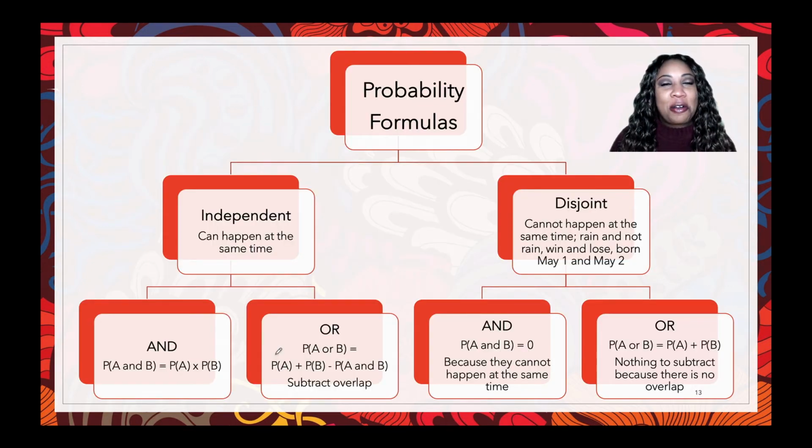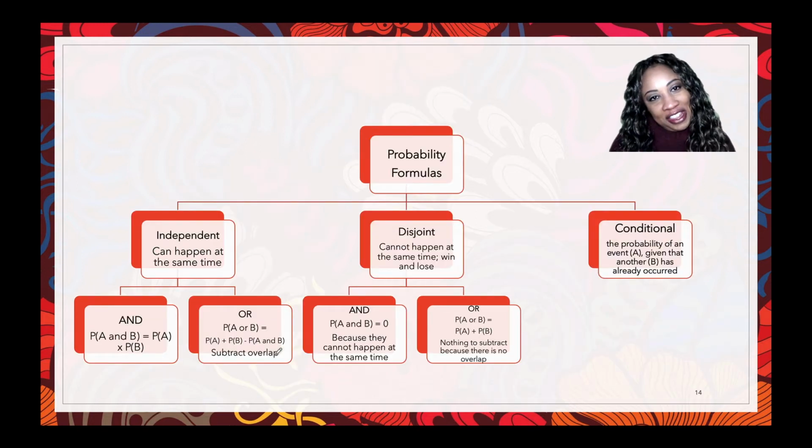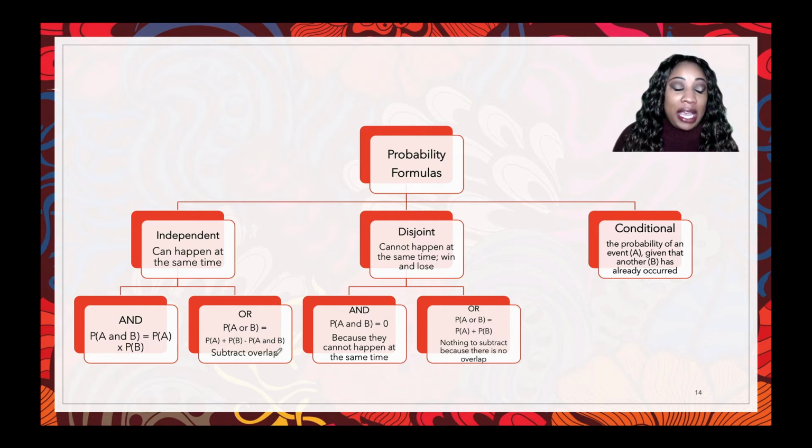All right, so here we have to add one more major thing that we're going to have to consider. And we're going to have to consider whether the probability is conditional, which literally means something is going to be based on something else.